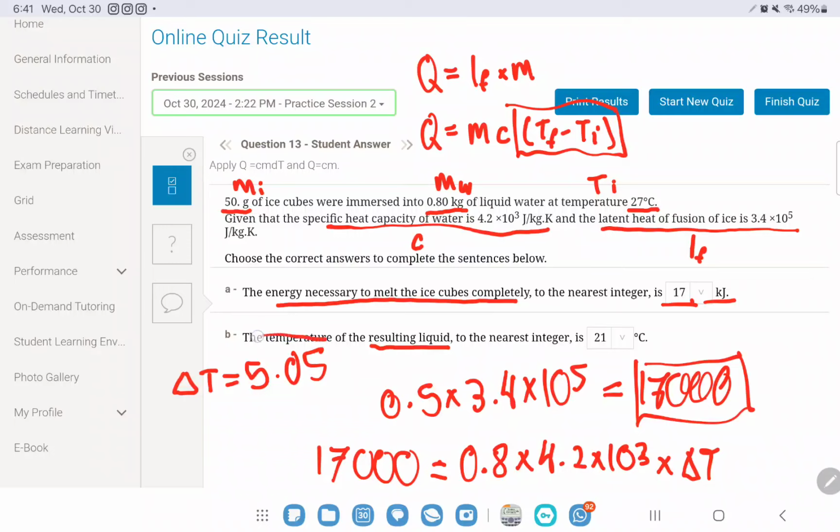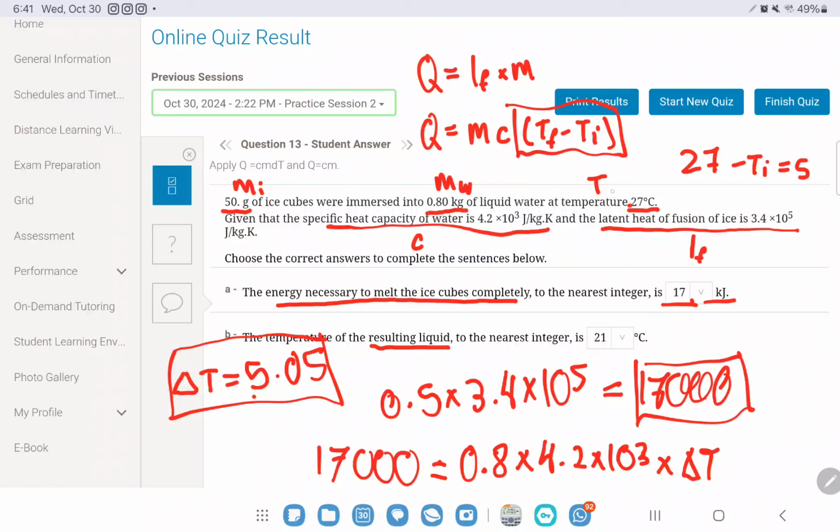So since this is delta T, and we know delta T is T final minus T initial. Of the resulting liquid, we have T final. Sorry guys. This is T final. We need to know what's the initial.